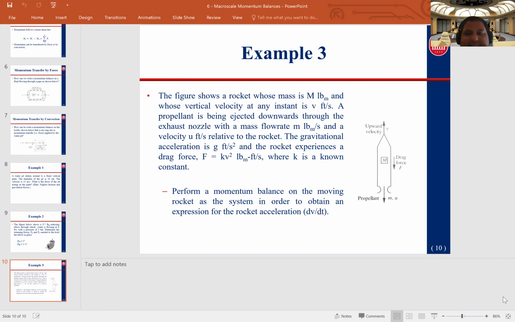And so the question is, with this system, we also have not only gravity resisting motion, but also a drag force. So the question asks to identify the momentum balance in order to get an idea of the rocket acceleration, which is also designated dv/dt.